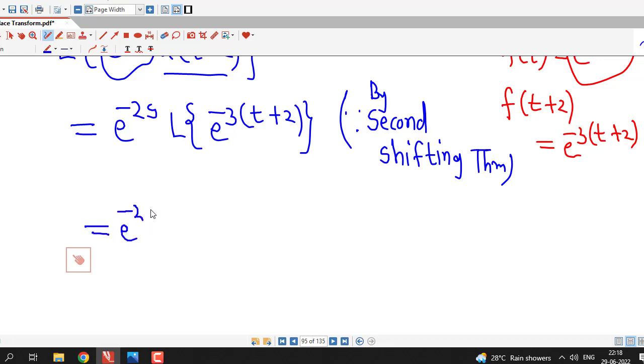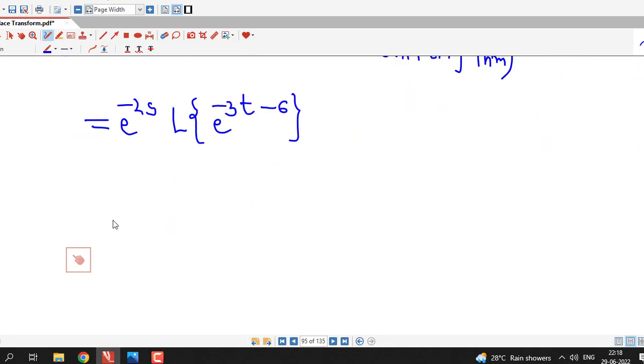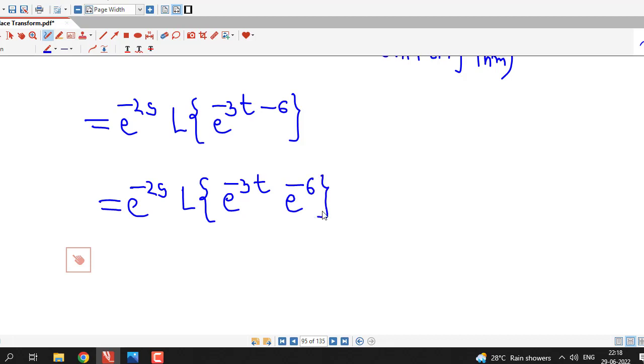This is equal to e raised to minus 2s Laplace transform of e raised to minus 3t minus 3 into 2, that is 6. So this we can rewrite as e raised to minus 2s Laplace transform of e raised to minus 3t into e raised to minus 6.